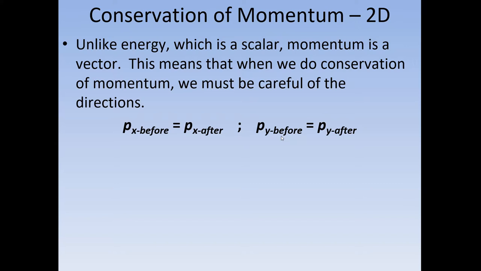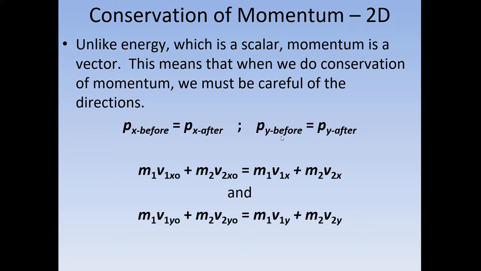By telling us that we have a two-dimensional setup, we now have two equations: the momentum in the x direction equation and the momentum in the y direction equation that we can use to solve problems. So it's going to be very common that you have a two-dimensional problem with very little information, because they expect you to use the two equations in conjunction with each other.